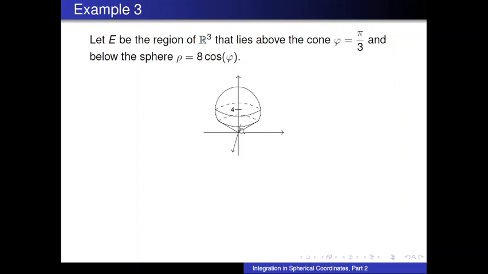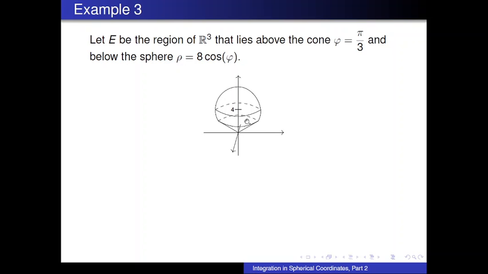So it actually looks like even when phi is at the end, phi equals pi over 3, the radii still start at rho equals 0 and go out to this sphere, rho equals 8 cosine of phi. So I believe this will be our upper bound for rho across the whole region, and our lower bound for rho will be 0.